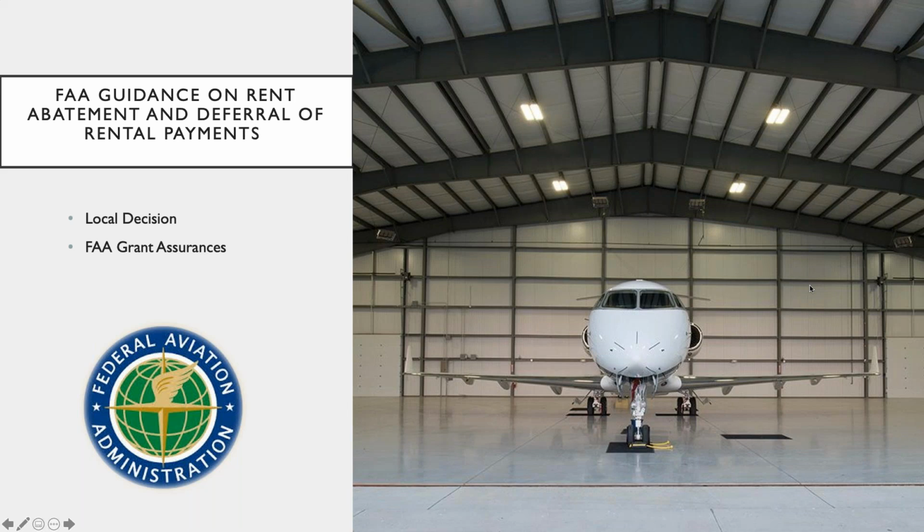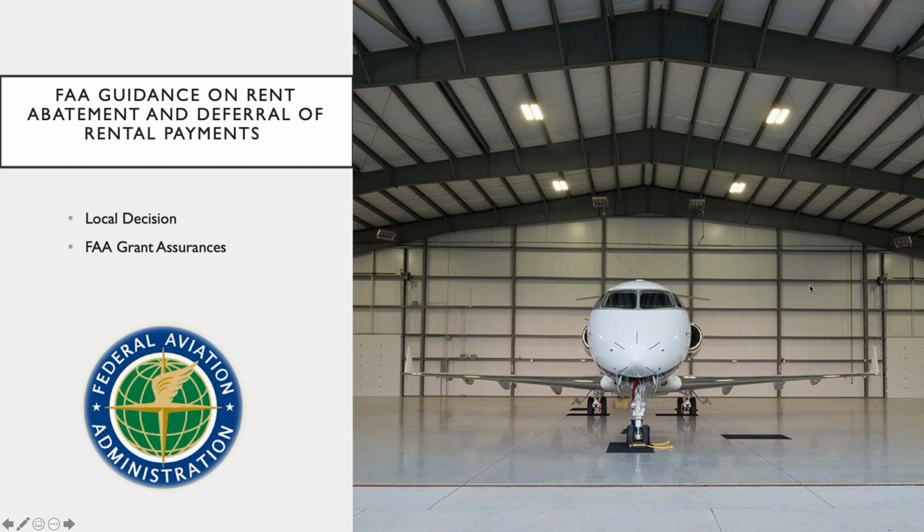There are a lot of considerations in what is considered the same or similar use, but a reasonable interpretation would be that if an airport were to grant deferral or abatement, they should do it in a proportionally rational method across the entire airport environment of commercial service providers. So it would be considered unreasonable to grant an economic benefit or rent abatement to one and not do it to others. There are obviously a lot of considerations there, though.